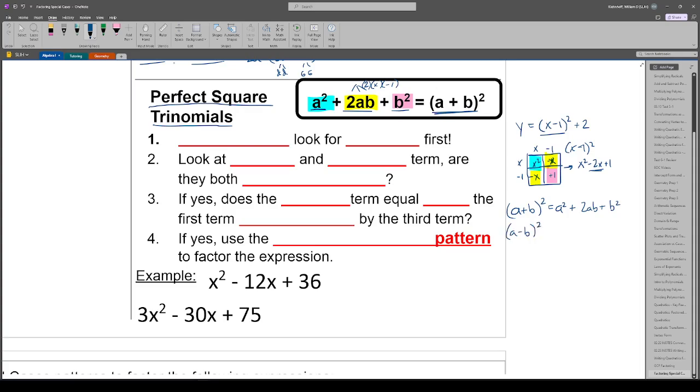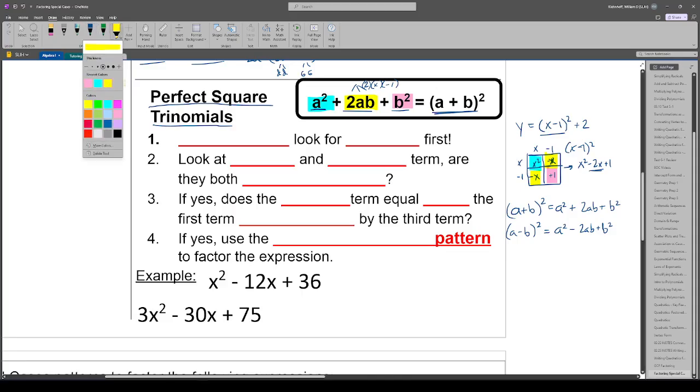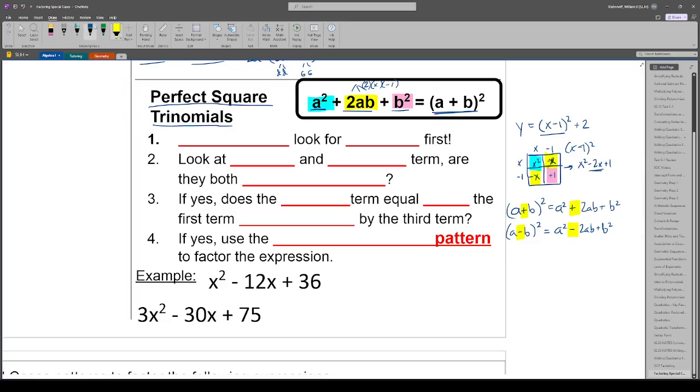It has a plus b squared separate from a minus b squared, where this one is a squared minus 2ab plus b squared. Because again, the last part will always be positive no matter what, and we saw that with this pink box in my example. So the difference between the two is this plus creates this plus, and this minus creates this minus.